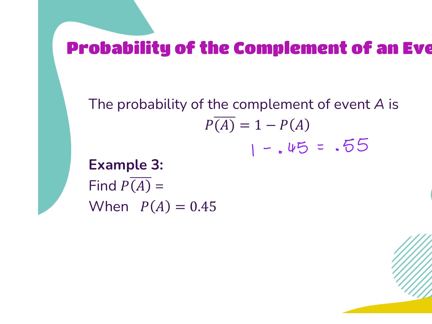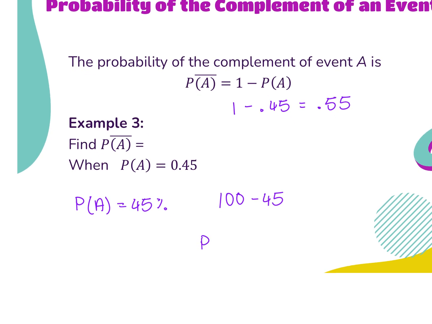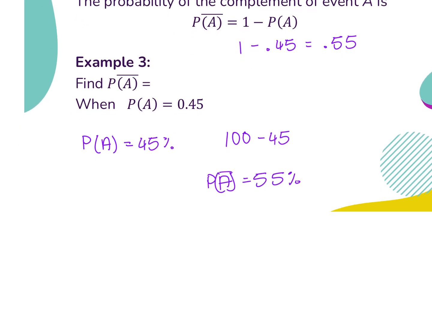Another way you can do this, if they're telling you the probability of A is 45%, you could subtract 100 minus 45, and that'll still give you the complement of A as 55%. So the decimal and the percent are the same. With the complement of events, you're subtracting from either 1 using a decimal or 100 using the percent.